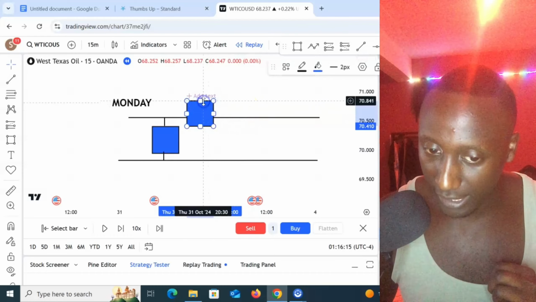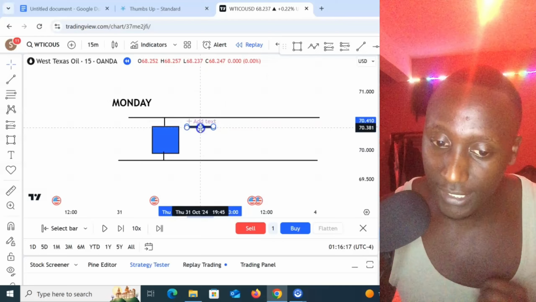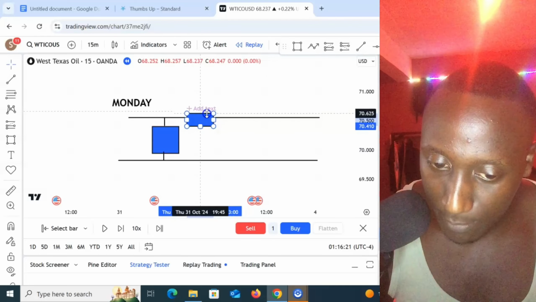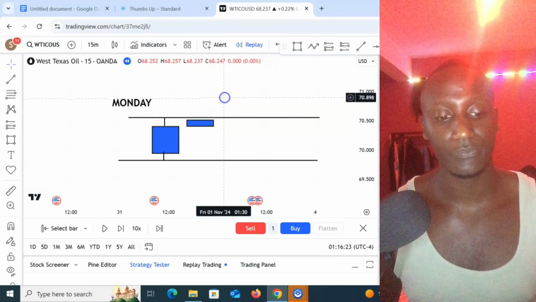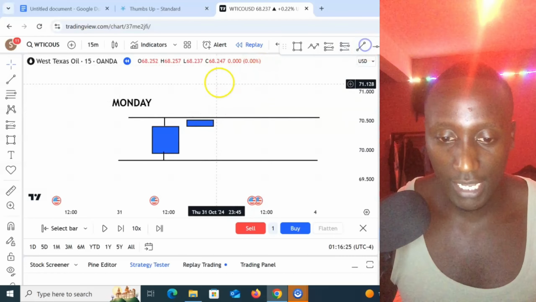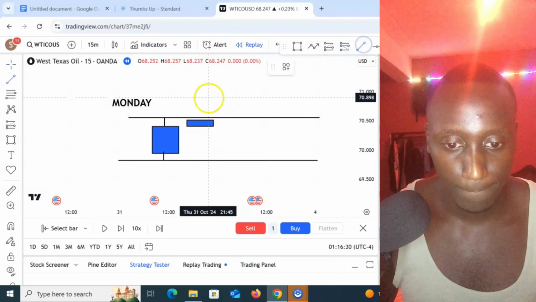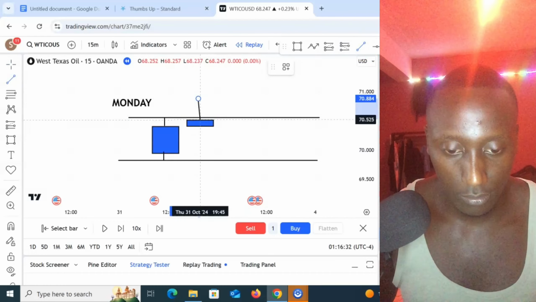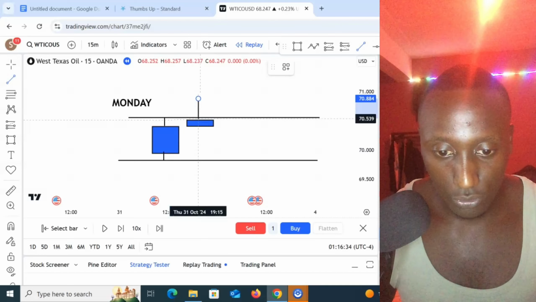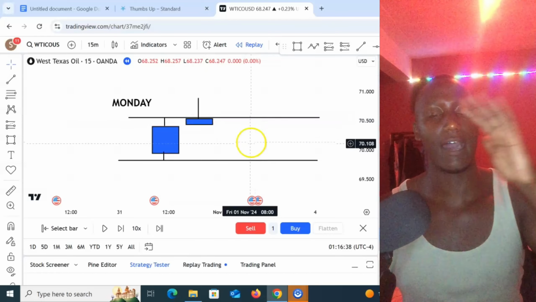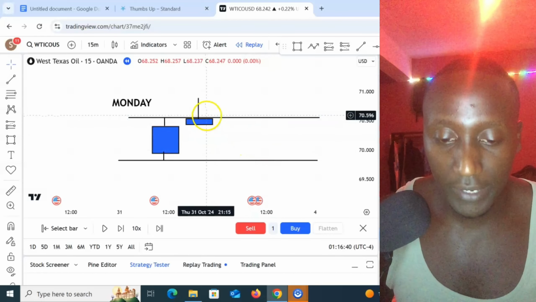A failed breakout is when price breaks out, but then closes back inside of the range. So what it does, it gives you something that looks like that, like a shooting star or a pin hammer or whatever. So this is a failed breakout.